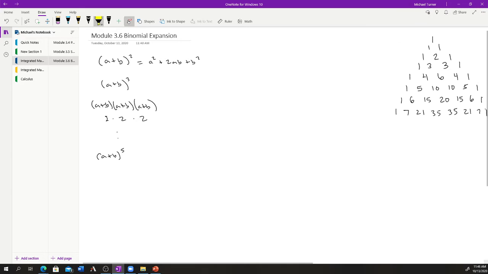So any of these numbers I pick, let's say 20 for instance, I got by adding 10 plus 10. And 21 I got by adding 6 plus 15. And the 5 here I got by doing 4 plus 1. So that's true throughout the whole Pascal's triangle, and you can continue to go.